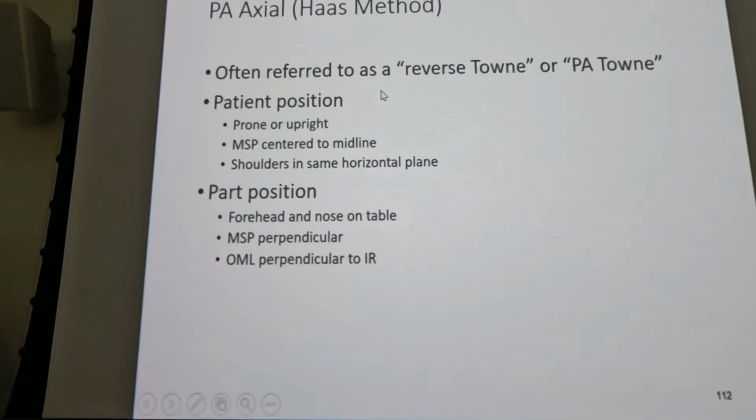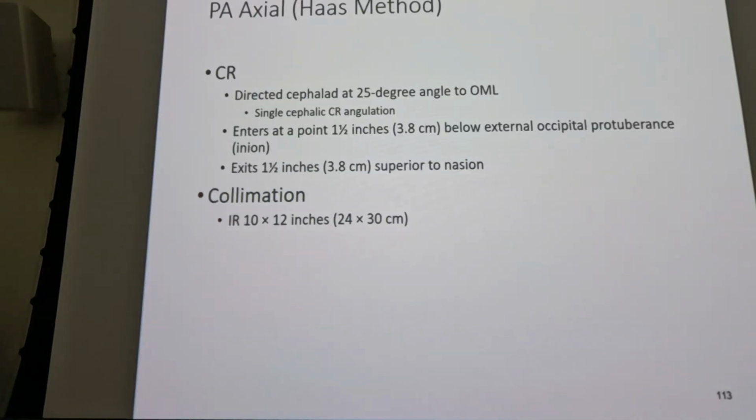So the Haas, again, is a reverse of the Towns. The only difference, again, is that 25 degrees cephalic angulation to the OML. Notice that there's not an IOML reference here. If you're shooting these PA, then you should be able to get the OML perpendicular to the image receptor.